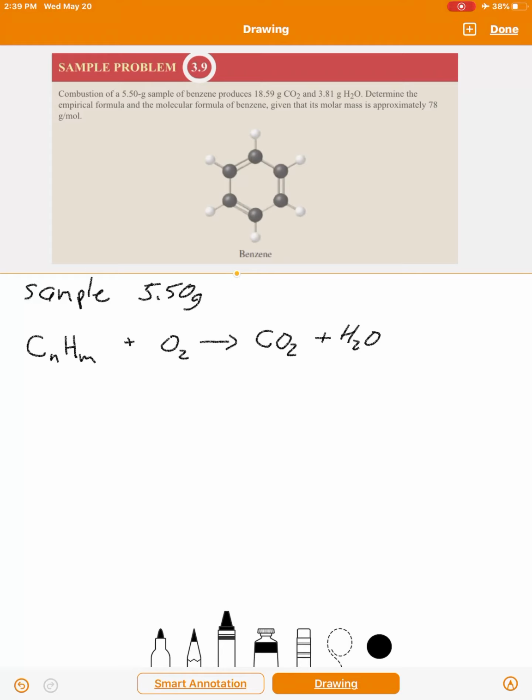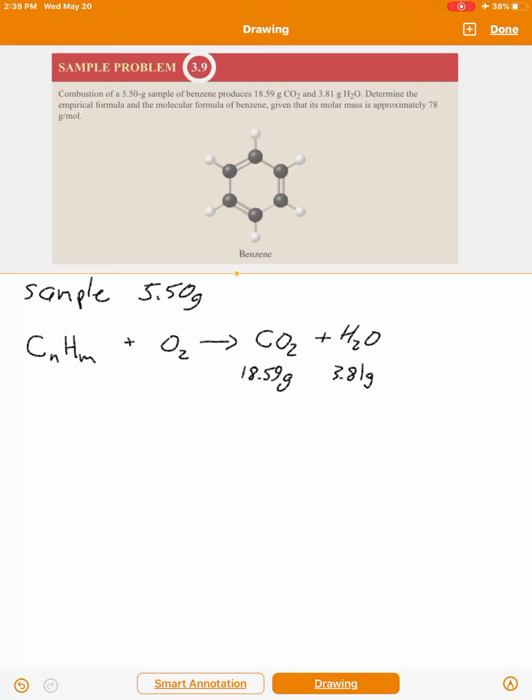So now what we do is we say, okay, the amount of carbon dioxide that's produced is 18.59 grams, and the amount of water that's produced is 3.81 grams. So from that information, we want to find the empirical formula. Okay, so here's what we'll do.